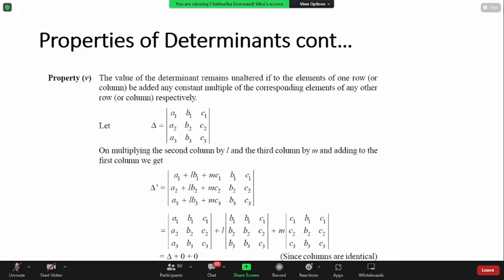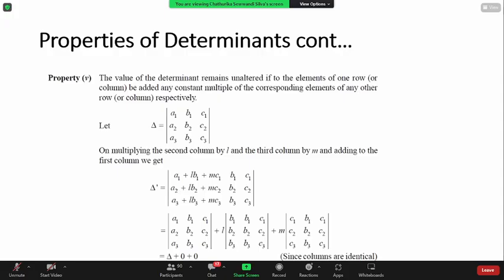Property number 5, the last property, as I have mentioned. The value of the determinant remains unaltered if to the elements of one row or column are added any constant multiple of the corresponding elements of any other row or column. What is this? This is somewhat tricky.